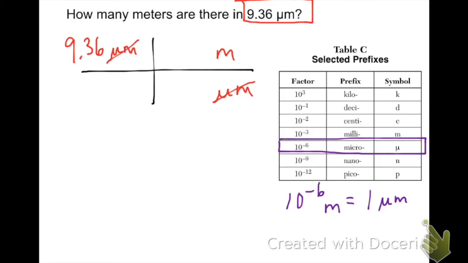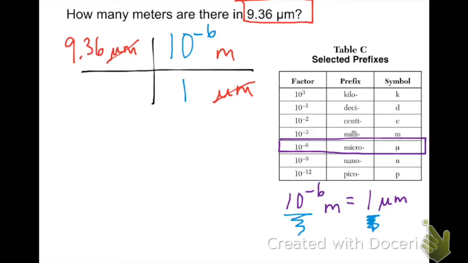We're then going to take a look at our conversion factor and figure out what number is in front of each unit. So we've got a 1 in front of micrometers. So we put a 1 in our T-chart. And then we have a 10 to the negative 6 in front of meters. We simply multiply straight across and divide.